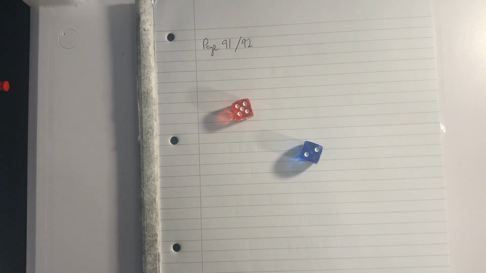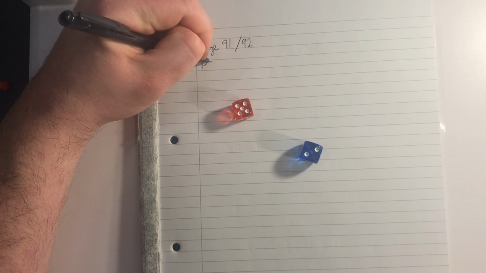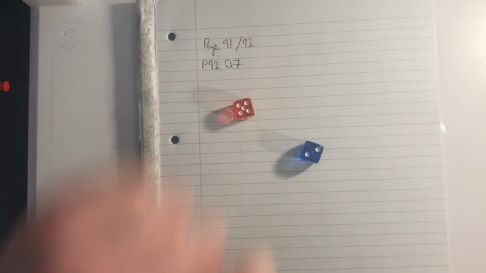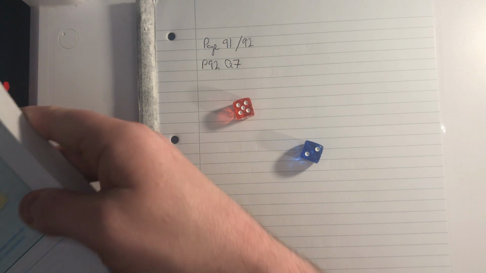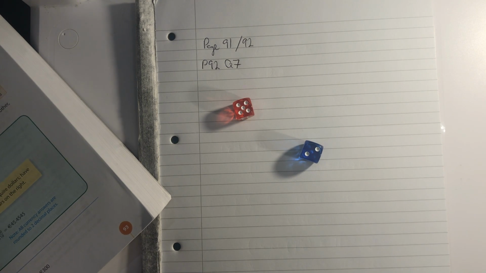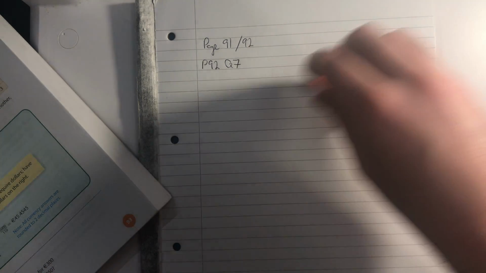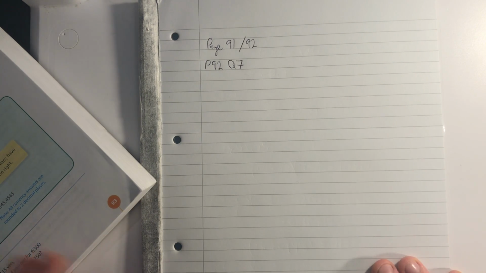We're going to do question 7, page 92, question 7. Jill has an annual salary of 42,000. Her annual tax credit is 3,600, and the standard rate of tax is 22%. How much income tax does she pay for the year?